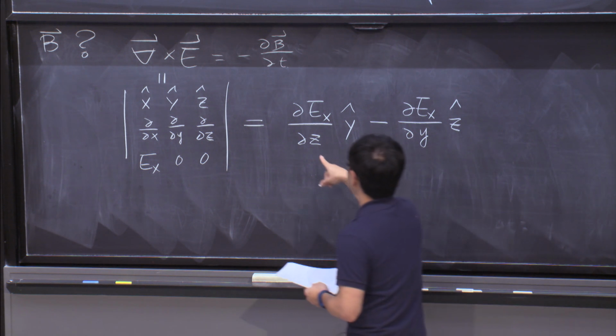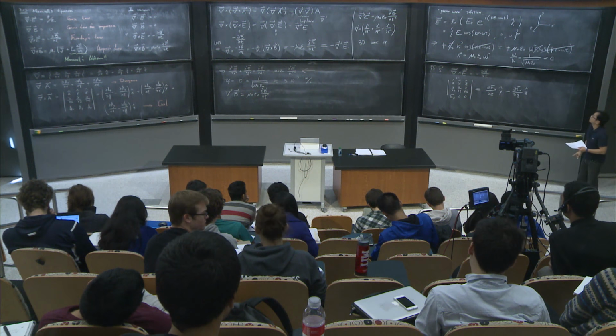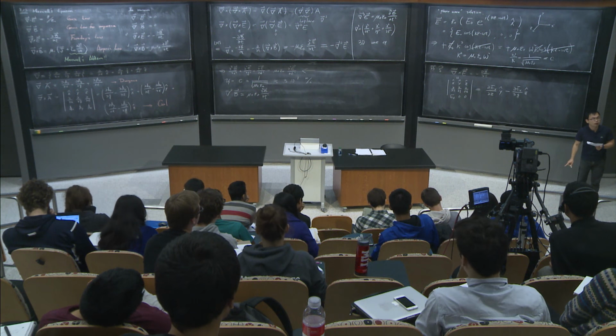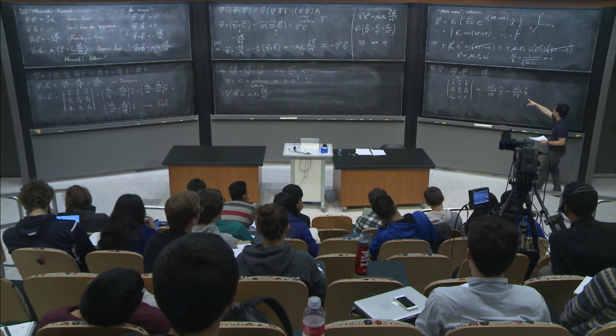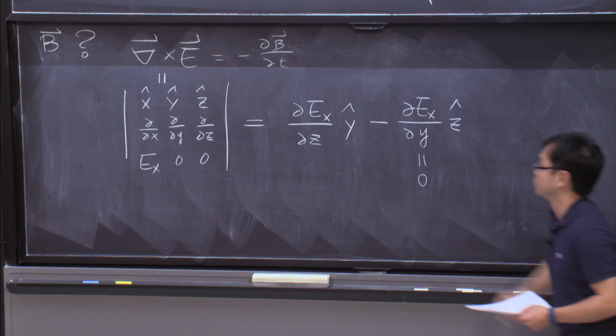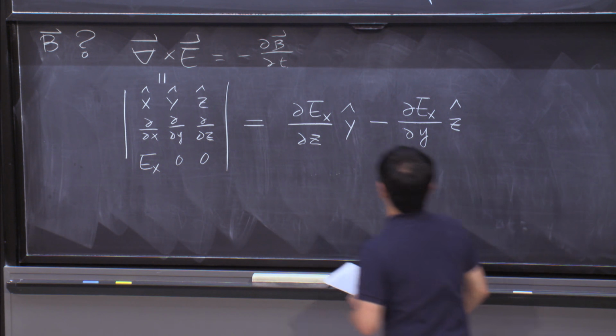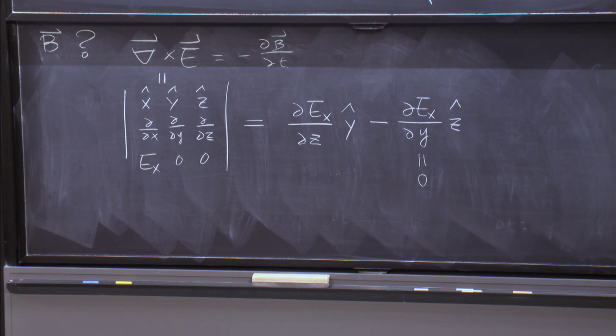Okay. All right. So you can see that the electric field only depends on the position z. It's independent of y. Therefore, partial Ex, partial y is equal to 0. Wow, this becomes much easier, because there's only one term surviving this operator.